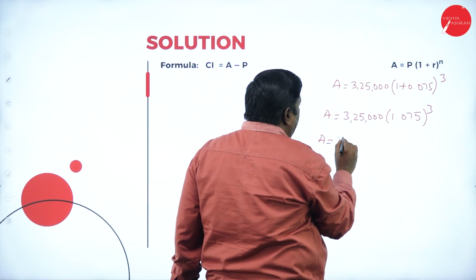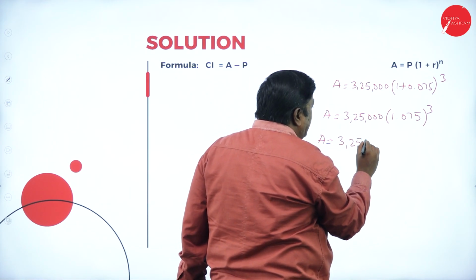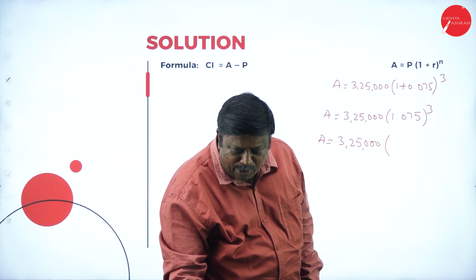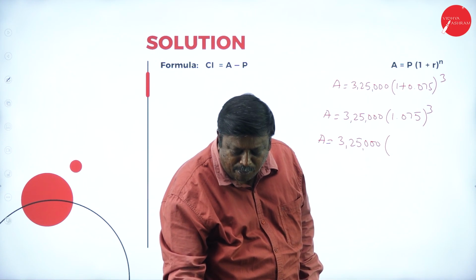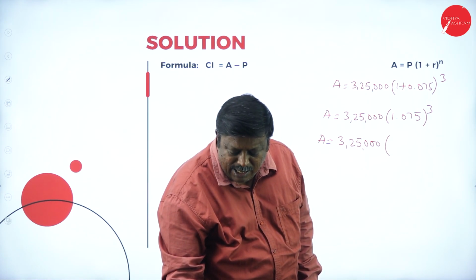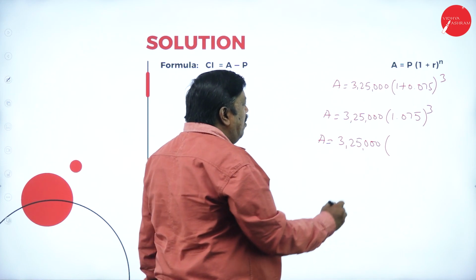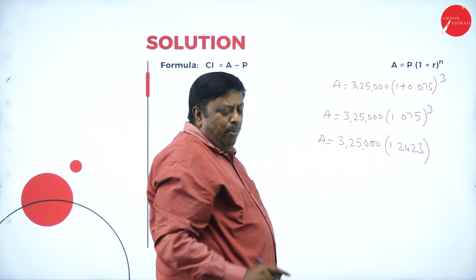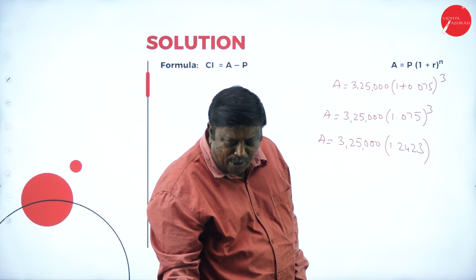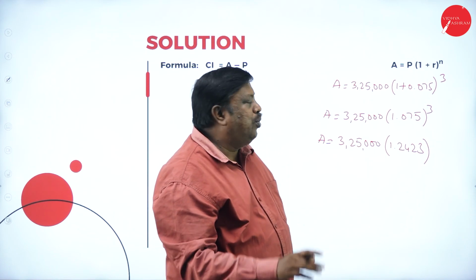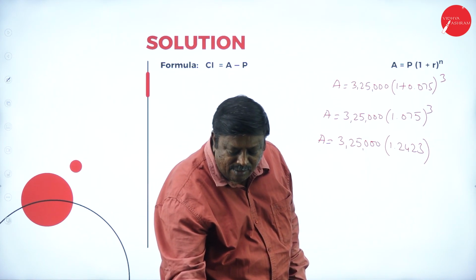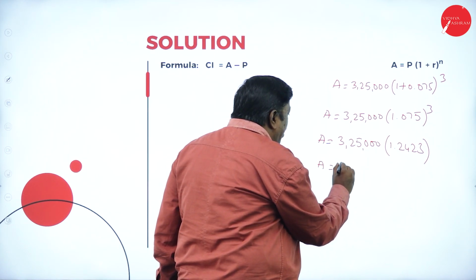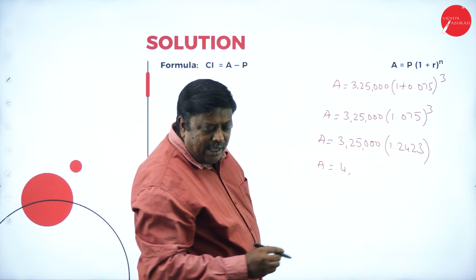A equals 3,25,000 into 1.075 into 1.075 into 1.075, so it will be 1.2423. 1.2423 into 3,25,000. The annuity value will be 4,03,000.